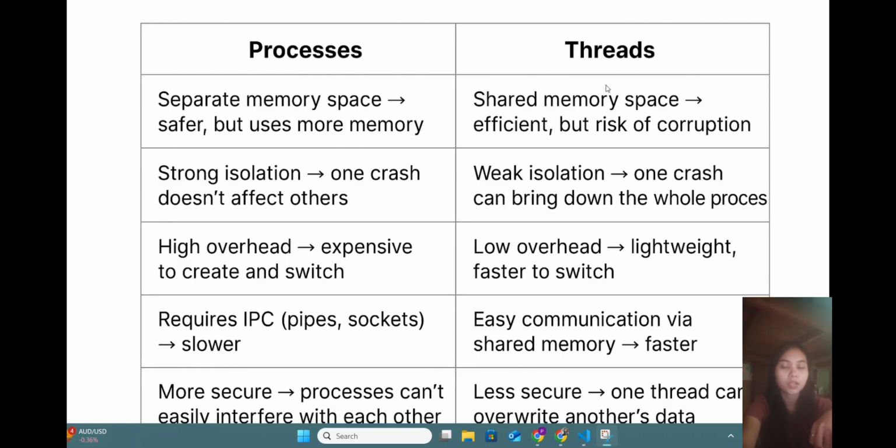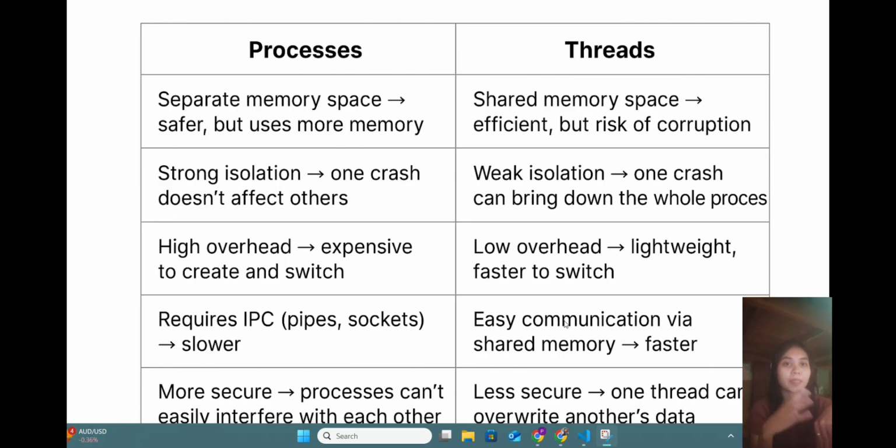Yung threads, they share memory, making them faster, but they are prone to errors if they are not managed carefully. In terms of communication naman, since processes are isolated, kailangan nila ng special mechanism, like pipes, sockets, or shared files. And the threads, they talk directly since they all live in the same memory.